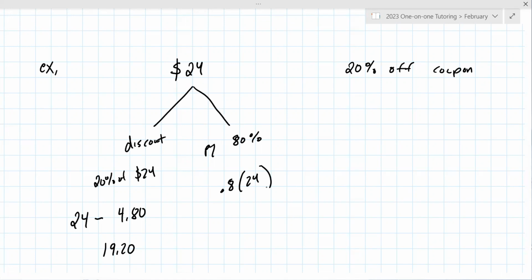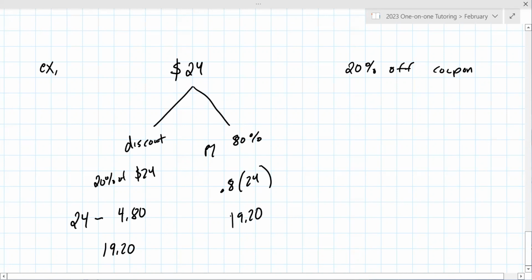If you've ever been somewhere where they calculate the new price real quickly, that's what they're doing. They're taking the original price and multiplying it by 0.8 or whatever it is that you're paying.